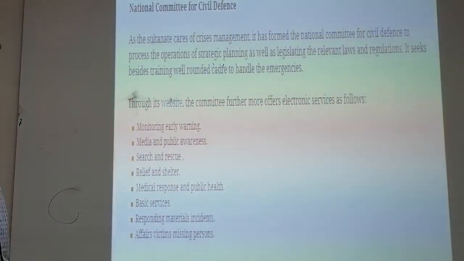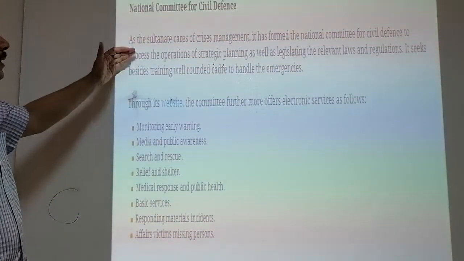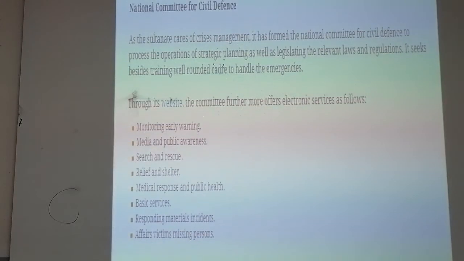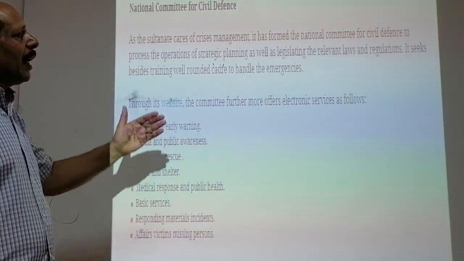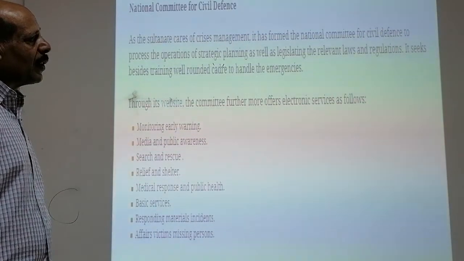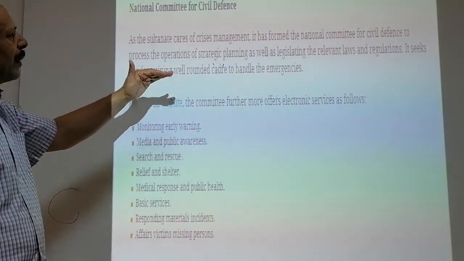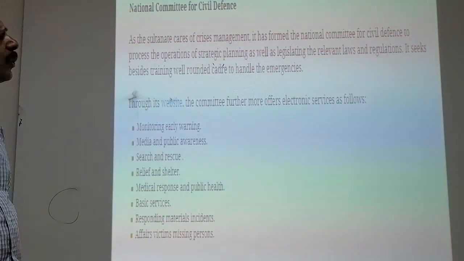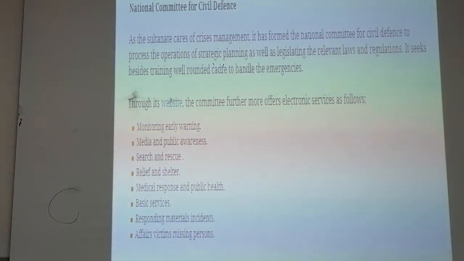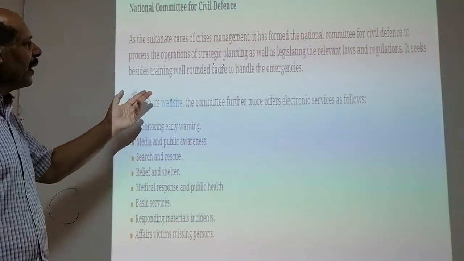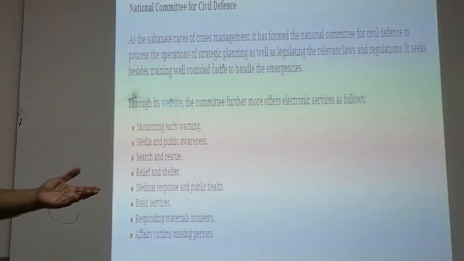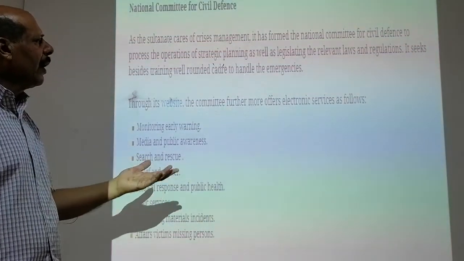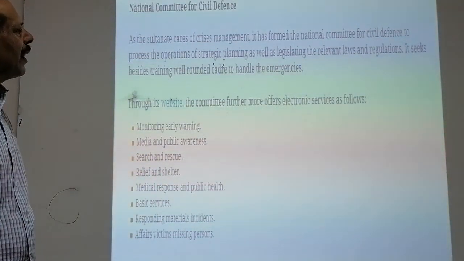National Committee for Civil Defense: as the Sultanate carries out a series of management measures, it has formed the National Committee for Civil Defense to process the operation of strategic planning as well as legislation, the relevant laws and regulations. It seeks, besides training, well-rounded care to handle emergencies.